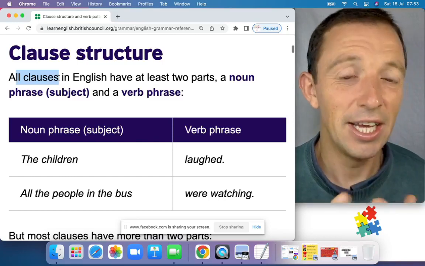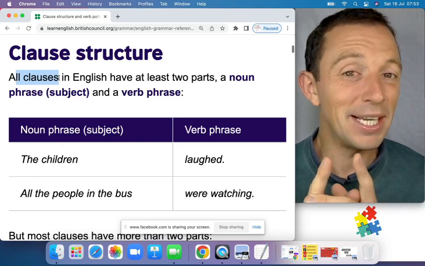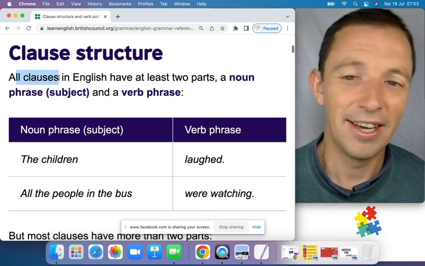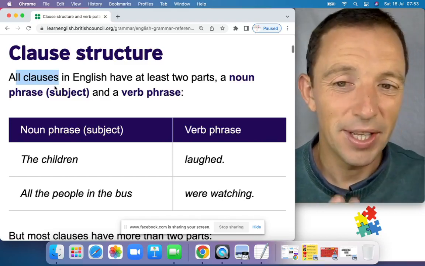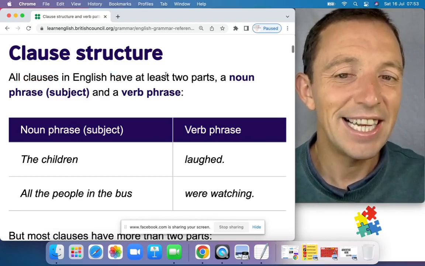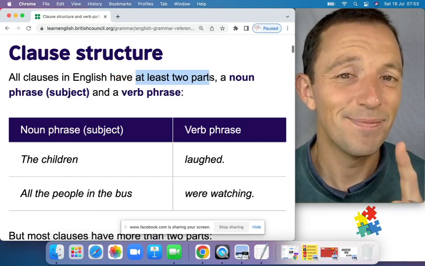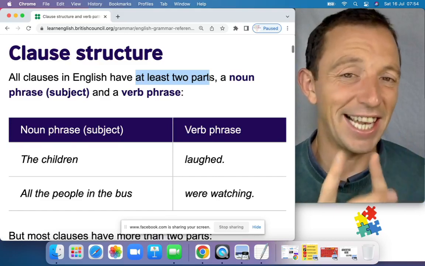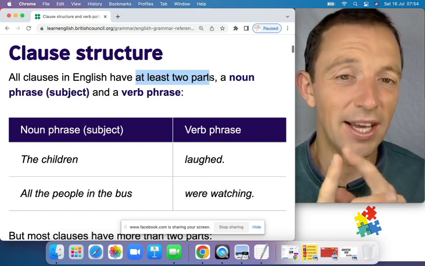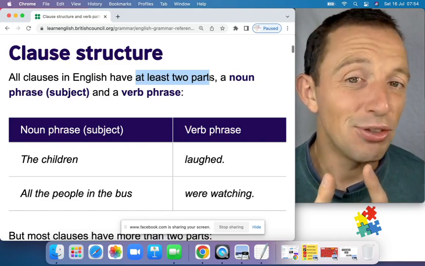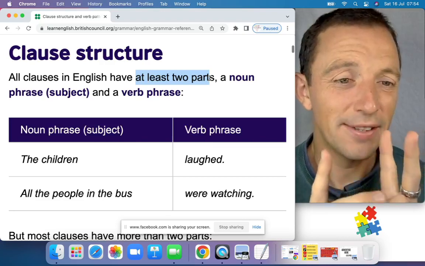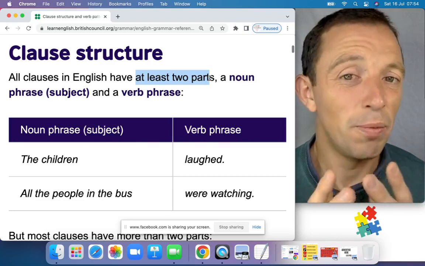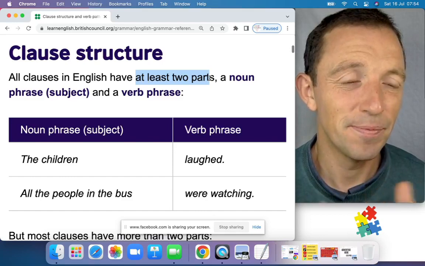So a clause is like a mini sentence in a sentence. All clauses in English have at least 2 parts. For example, subject, verb. It's possibly 3 parts, subject, verb, object, but at least 2 parts in every clause.